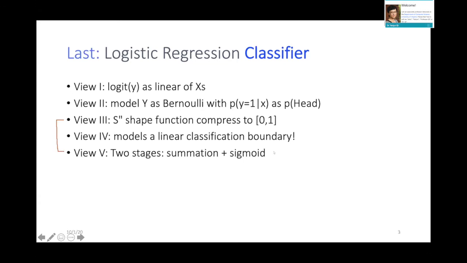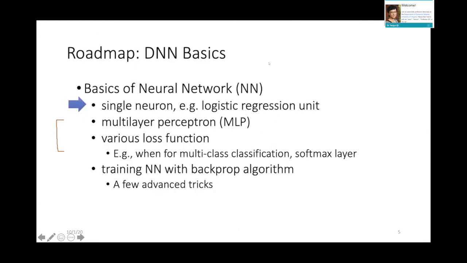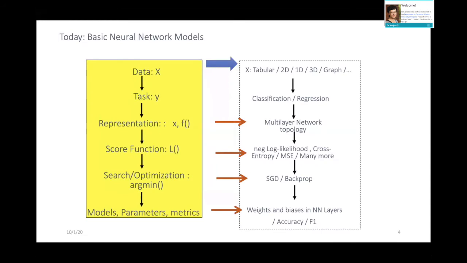All right, now let's move to this really popular topic. What we're going to cover today is just basic neural network models. Again, using this nutshell view, the deep neural networks can model tabular data, and also 2-dimensional, 1-dimensional, 3-dimensional data, and graphs, or compositions of these different data modalities.